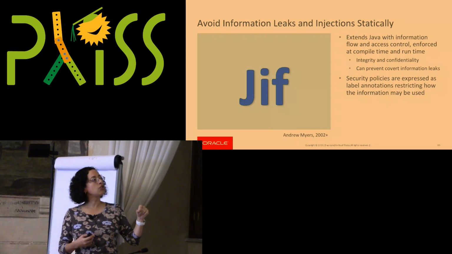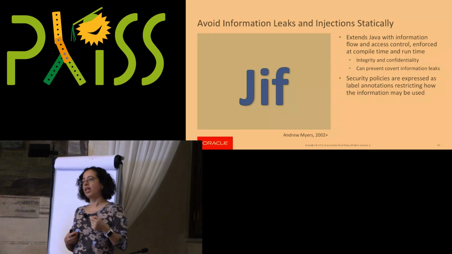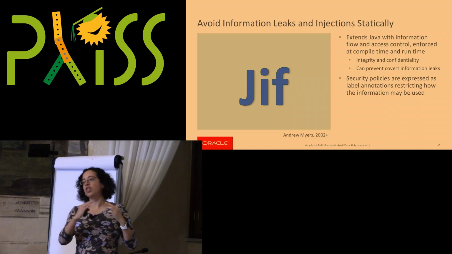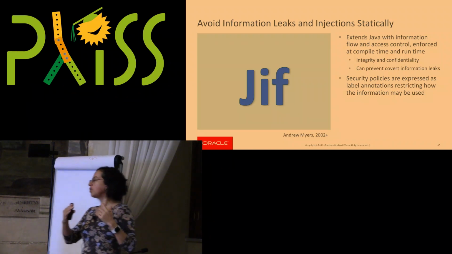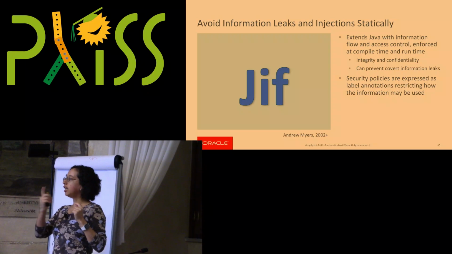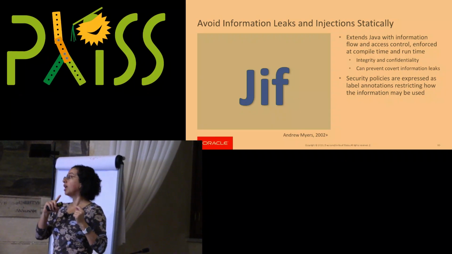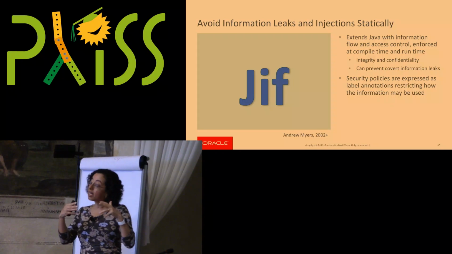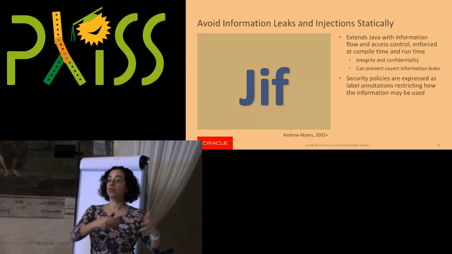And with these annotations, you're basically stating what type of policies you want to check in the system. And those policies are being tracked statically. So as you define various different arguments for different methods, you also need to start defining in annotations what the policies are that apply to those arguments, and then the compiler would actually start checking all of these for you automatically.